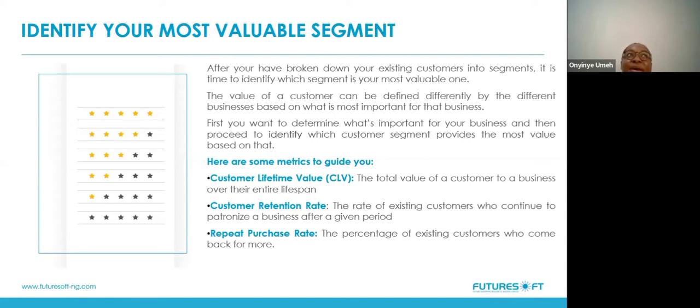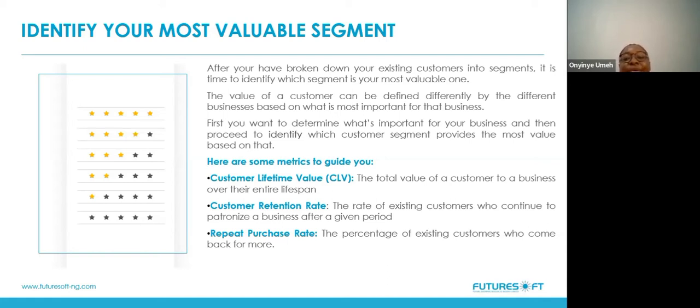Let's continue with the fashion example. If you're a fashion brand that caters to women between 25 and 35, there's a 10 year period. So that 10 years is the lifespan of your average customer.